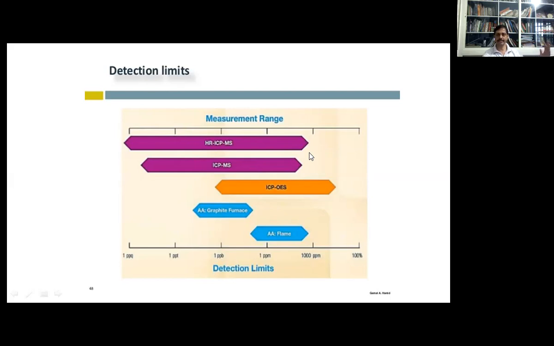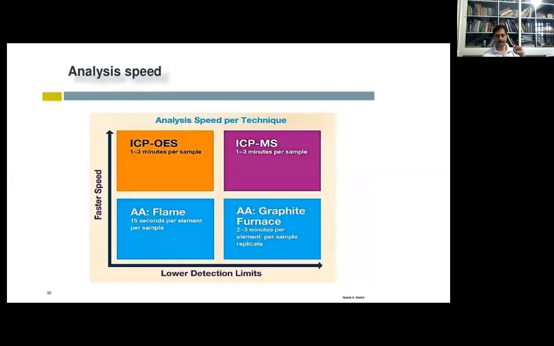By this, you can understand the detection limits of various instruments that are used for the identification of metals and non-metals, and also quantification of them.